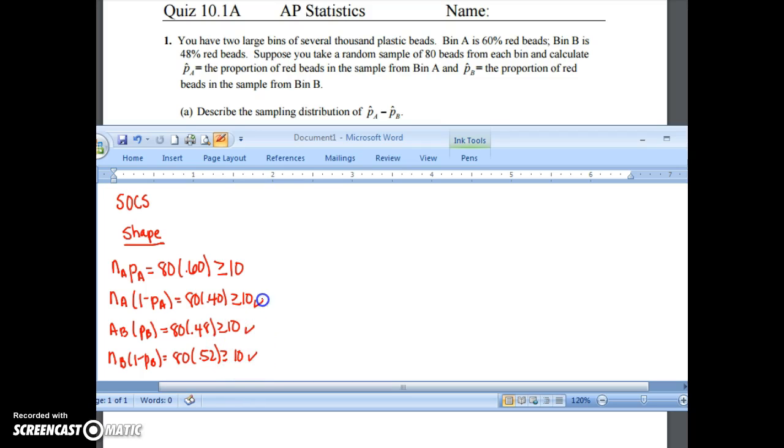Because all of these are greater than or equal to 10, what you get to say is that the sampling distribution is approximately normal. So the sampling distribution, just as it's listed in the question, of p hat A minus p hat B is approximately normal. But you have to show 4 steps now instead of just 2 of them.